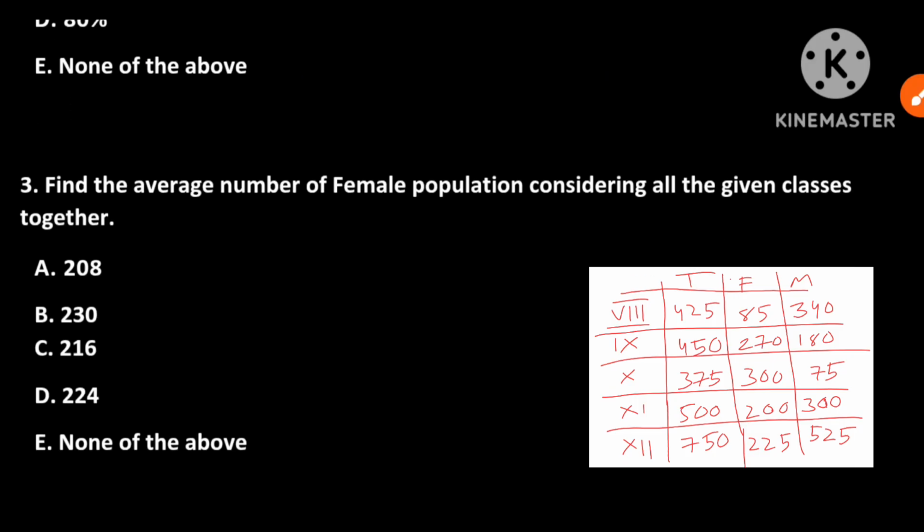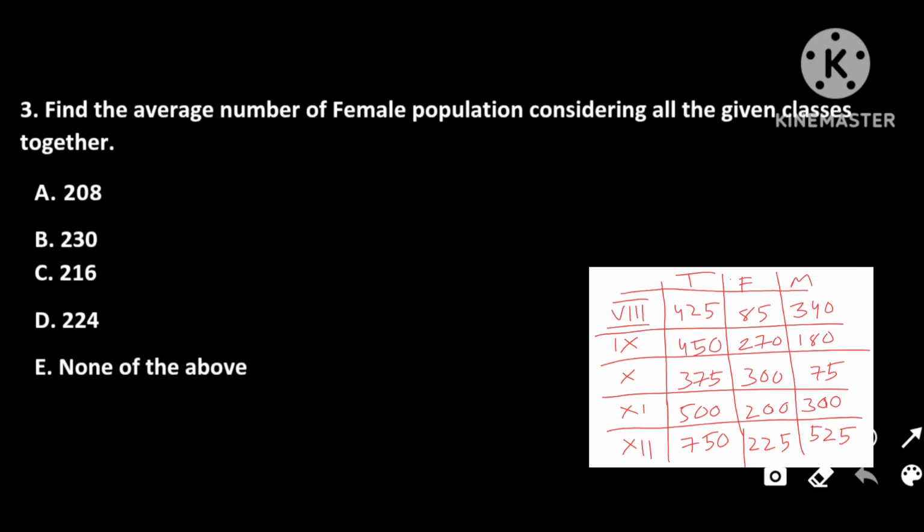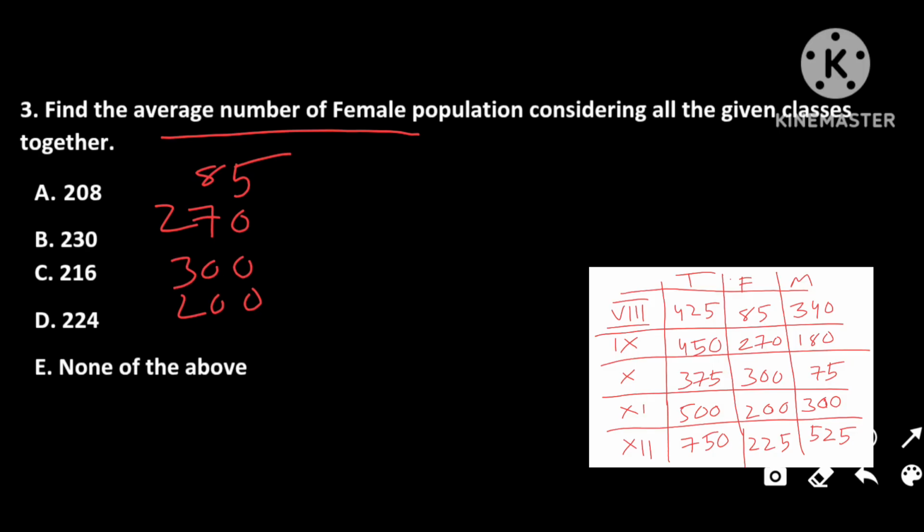Next, third question. Find the average number of female population considering all the given classes together. So average number of females we need to see. So 85 plus 270 plus 300 plus 200 plus 225.